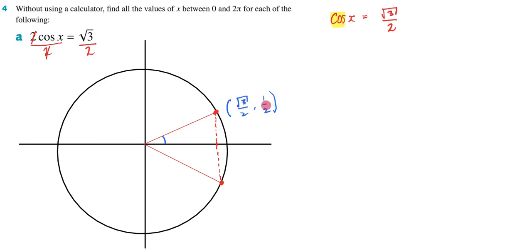We know that when we have this coordinate, that corresponds to the angle pi on 6. So I could come over here and say my first x value is going to be pi on 6. What that's telling me is that 2 cos pi on 6 is going to equal the square root of 3. Perfect.